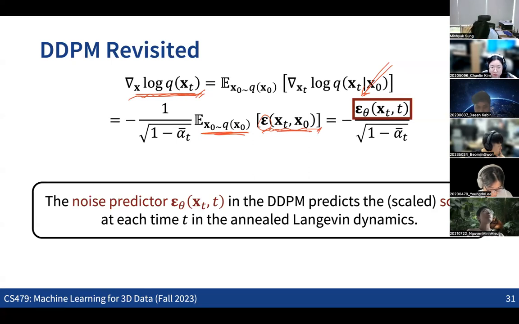Actually, the reverse process is a reformulation of Langevin dynamics, in which we are denoising the samples from the previous time step using the score information predicted by the noise predictor. So that's the explanation of what we are doing with diffusion models.